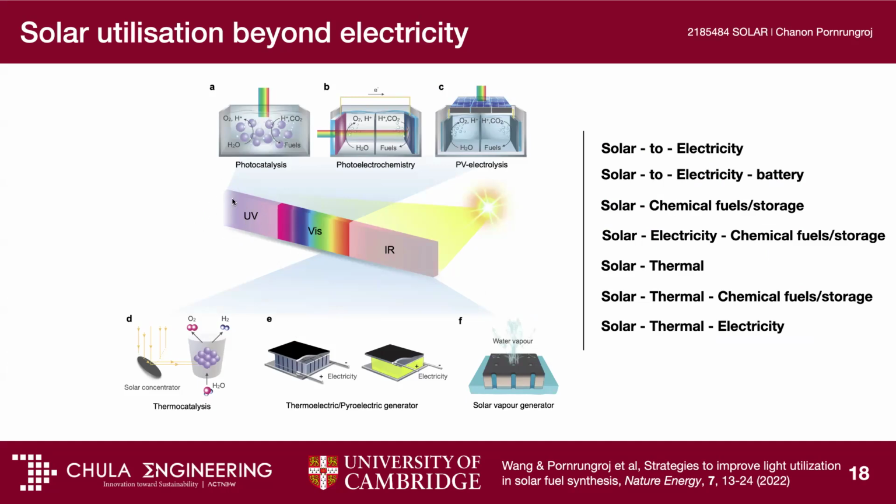You have high energy photons that can drive very thermodynamically challenging reactions, but you also have lower energy photons that cannot drive a very high energy required reaction, and you have really low energy photons, mostly heat in the IR region, that don't do anything in the chemical scheme of things.